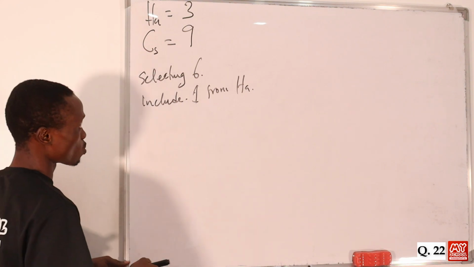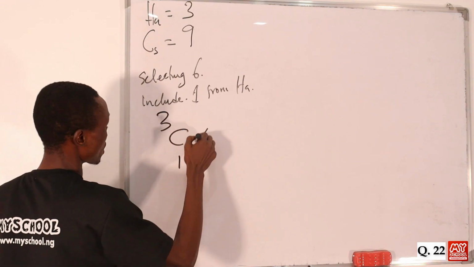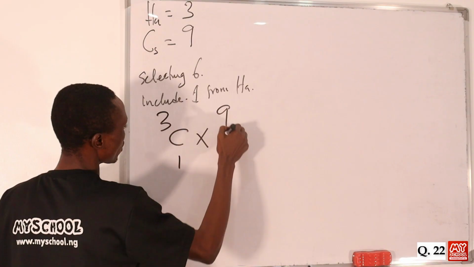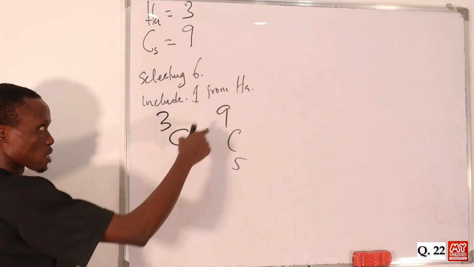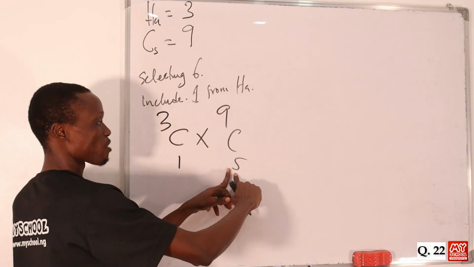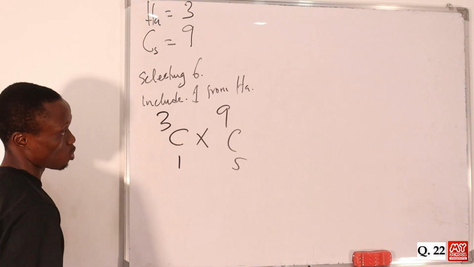Okay, so in order to do the selection, we're having 3 combination 1 times 9 combination 5. Since you have already selected 1 person from the House of Assembly, the remaining 5 persons will be selected from the state commissioners.